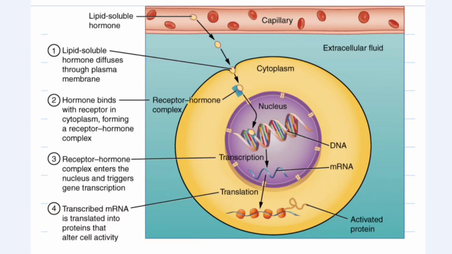Now the hormone receptor complex enters inside the nucleus and binds with the DNA and triggers the transcription process. Now the mRNA is transcribed. You can see the mRNA which is transcribed from the DNA, and it translates into proteins which alter the cell activity.